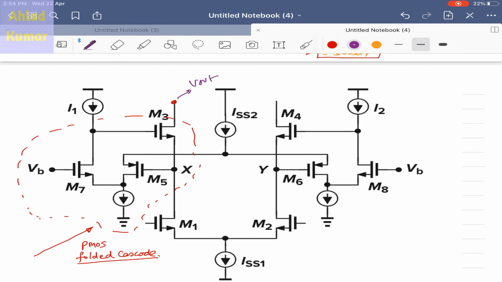So now what you can do is you can go through this path, and the voltage that is allowed at this point X is VD sat. And the discussion about this voltage we have already done here.